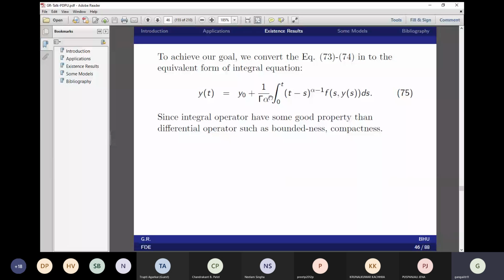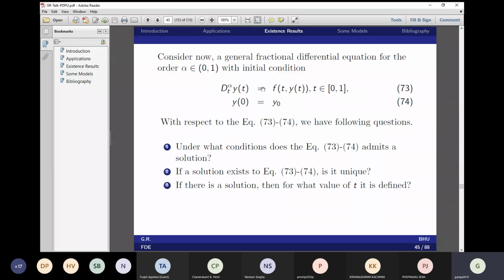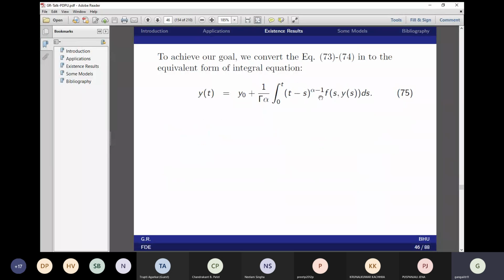Because integral operators have many good qualities in place of integer order derivatives. Boundedness, compactness, etc. can all be very easily defined for integral operator equations. So we can convert this fractional differential equation into integral equations.